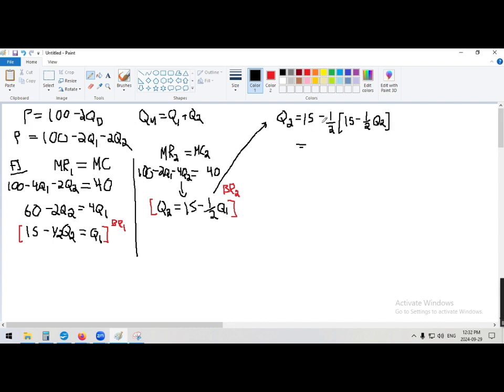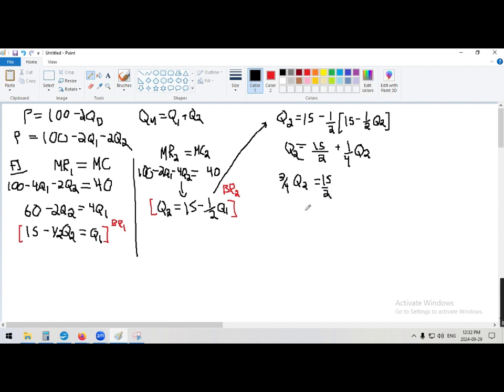We have 15 minus a half of 15, so that's just going to be half of 15. And then we're going to have half times a half, which is a quarter, and then it's going to go positive, is equal to Q2. Let's see, we have an extra quarter Q2, so we can subtract it from this side. We'll have 3/4 Q2 is 15 over 2.